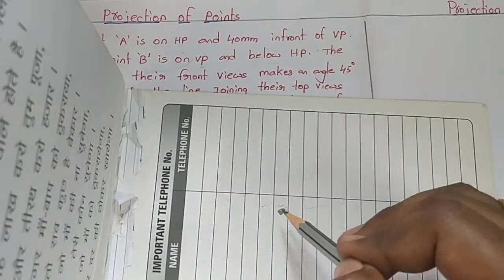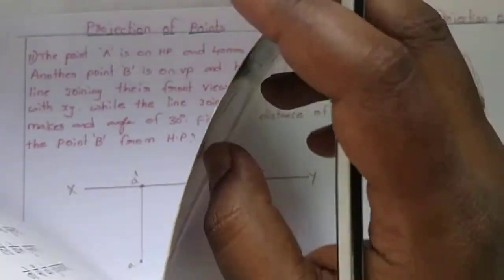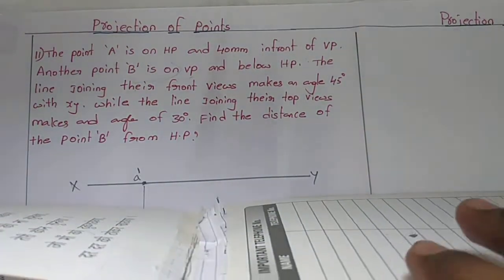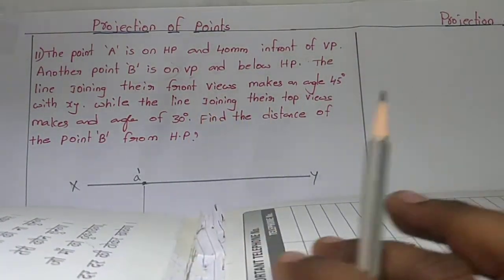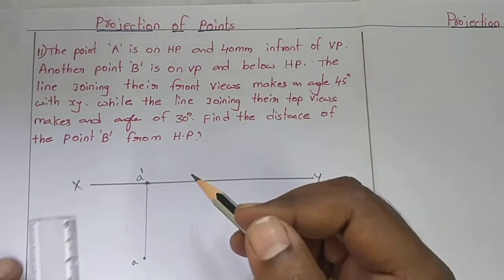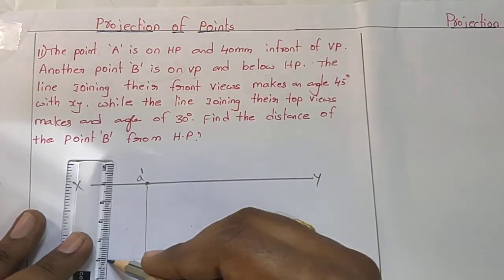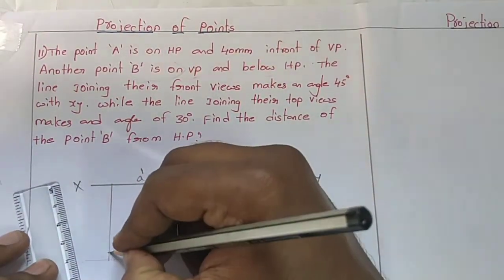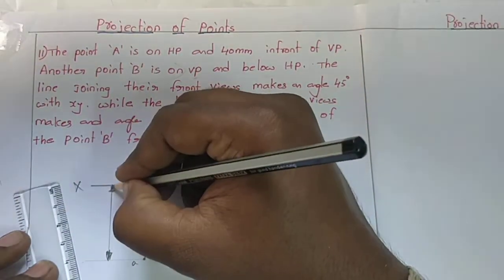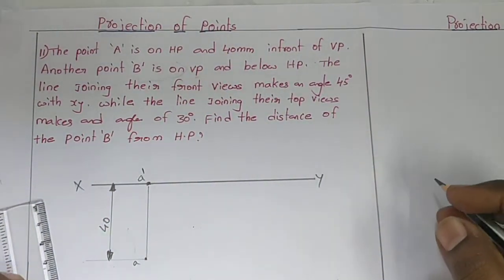The top view is on HP at a distance of 40 mm. If you rotate this plane through 90 degrees, the distance from this point to this point is 40 mm. Now we have completed the position of point A.